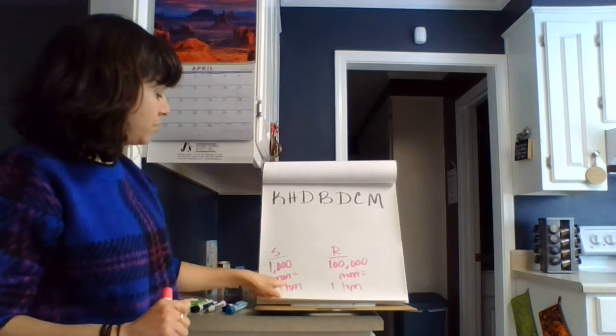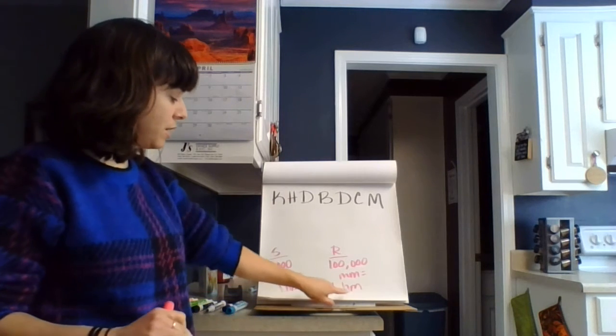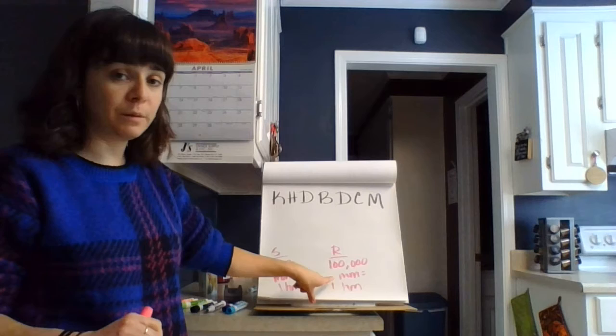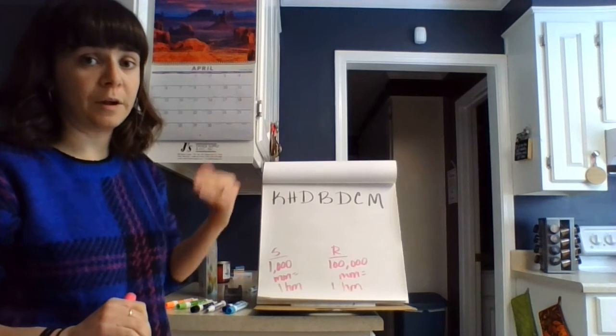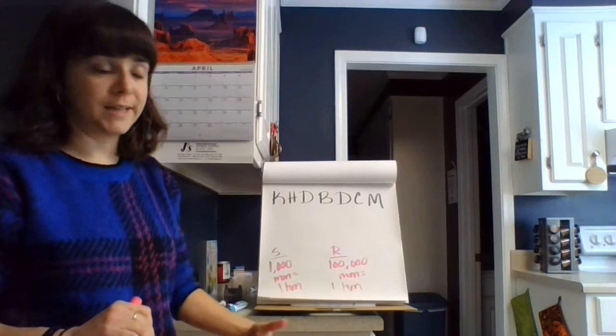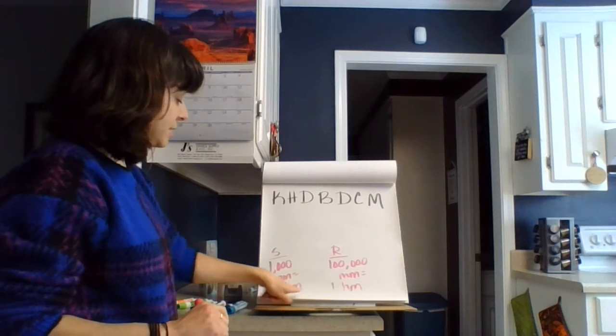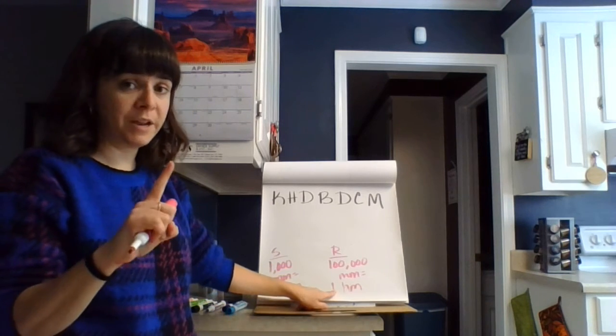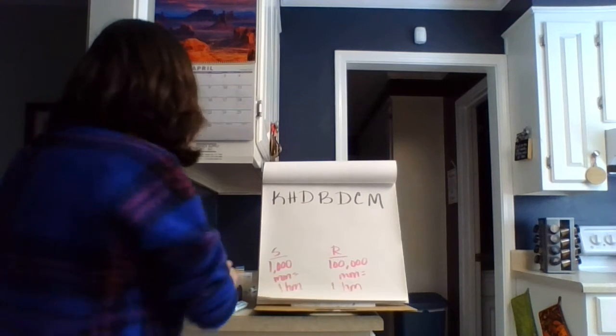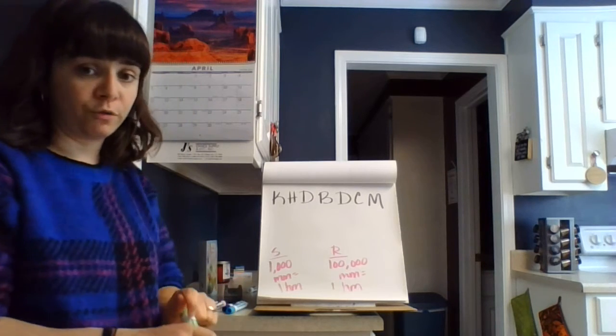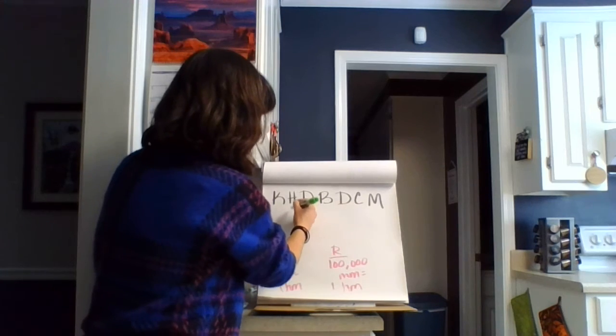Okay, so the good thing is they're both talking about hectometers and millimeters, so we're just going to convert from hecto to milli or milli to hecto. Since they're both talking about 1 hectometer and that's the thing they agree on, that's the way I'm going to do my conversion. So I have hectometers here.